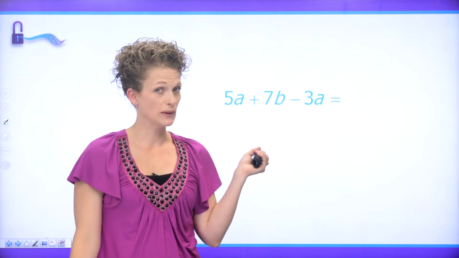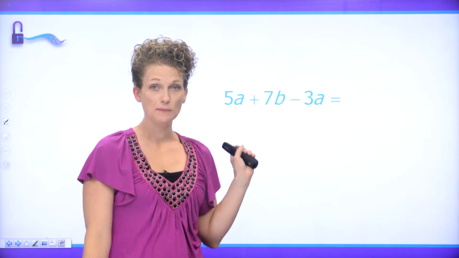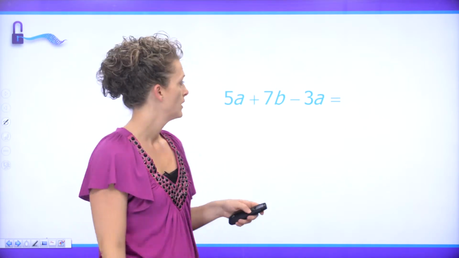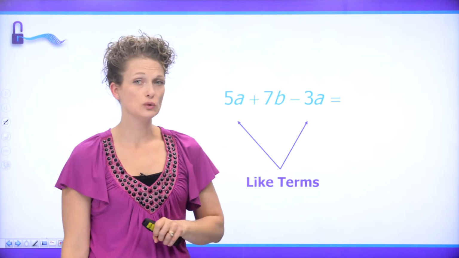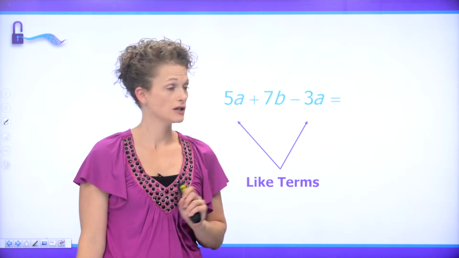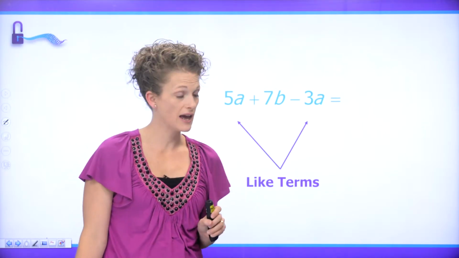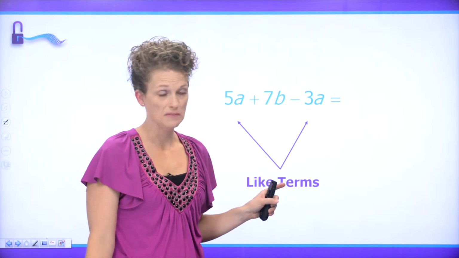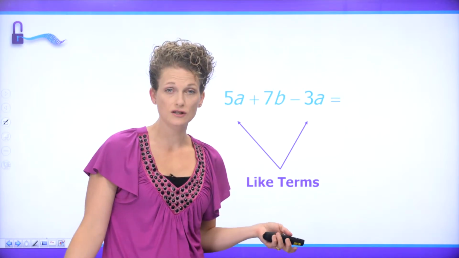Let's have a look at this one. We have 5a plus 7b minus 3a. Well, these two terms, 5a and negative 3a, they're both the same. It's like the apples. They both have an a, so those are considered to be like terms.